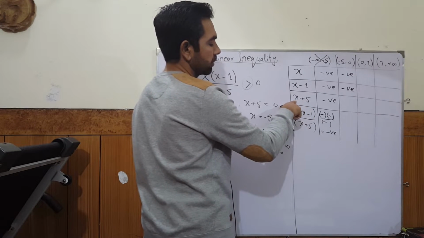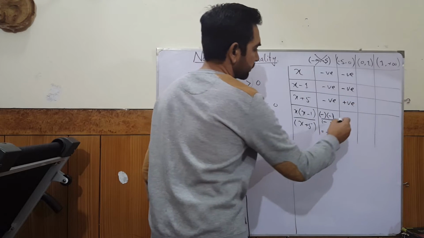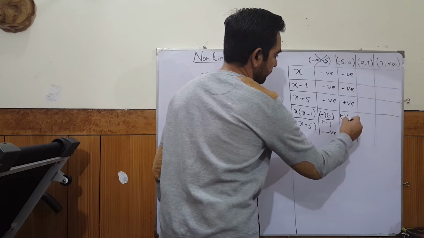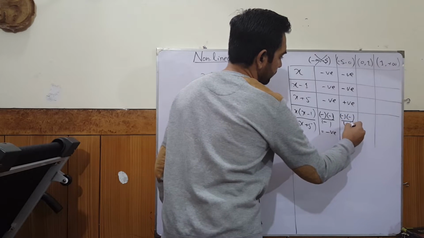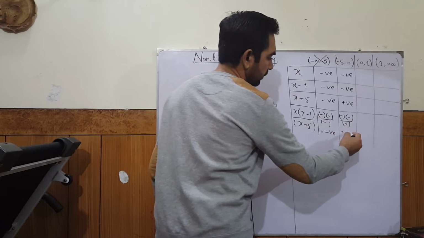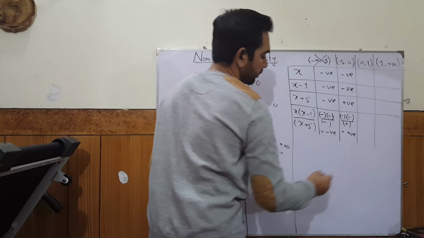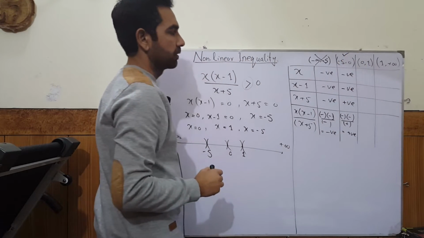If I put minus 3 here, it gives me a positive. So this one is positive. So we have a negative times a negative divided by a positive. Negative times negative gives you a positive, and positive divided by a positive is a positive. It means the solution is here.